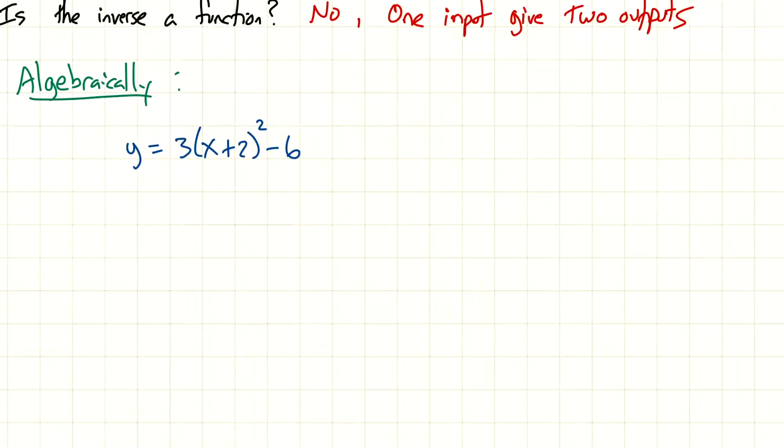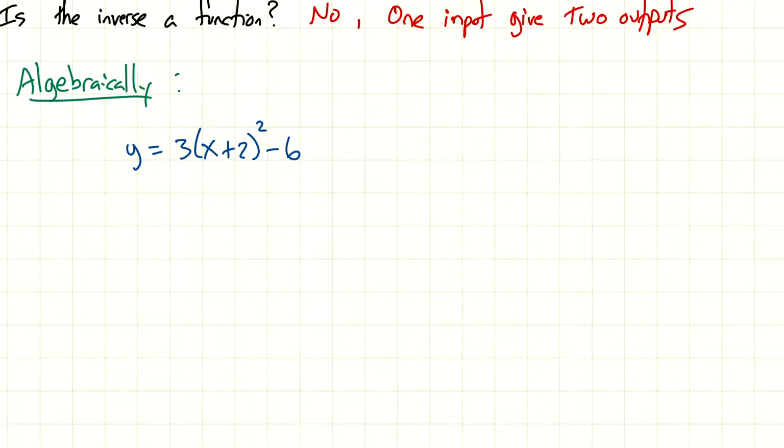Okay, so let's do this algebraically and see if we actually get the equations we think. First thing is we're going to swap our x's and y's. So this is going to give us x equals 3 times (y plus 2) squared minus 6.